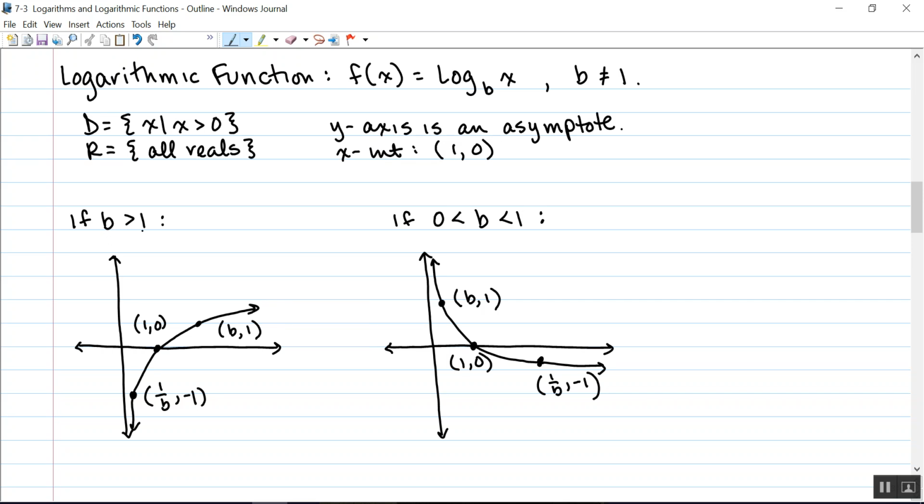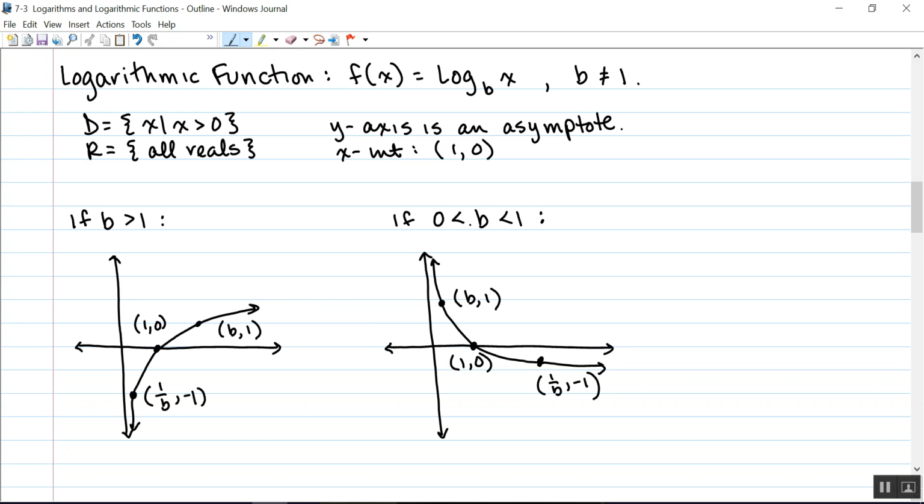If my base is greater than 1, my graph is going to look something like this. It's going to be going down, and as x approaches 0, y approaches negative infinity, and then it's going to continue to grow as x approaches infinity.